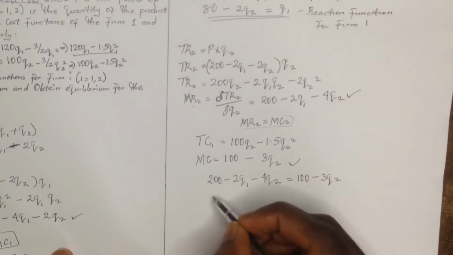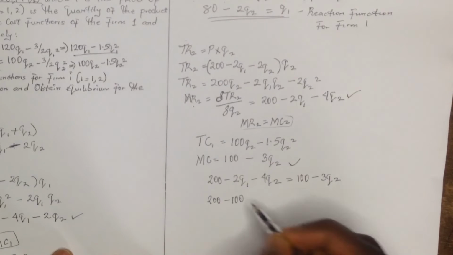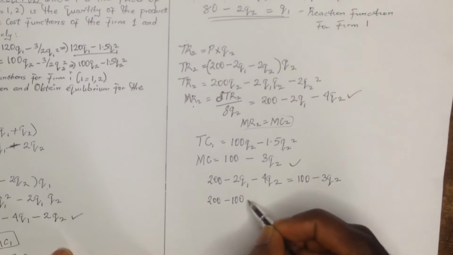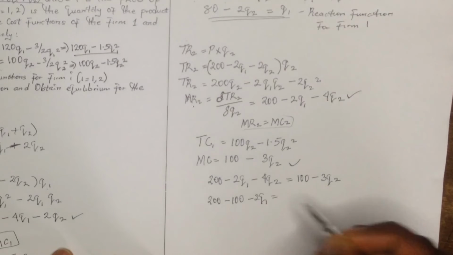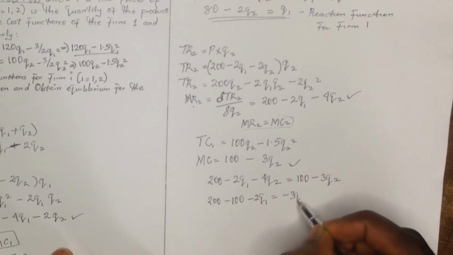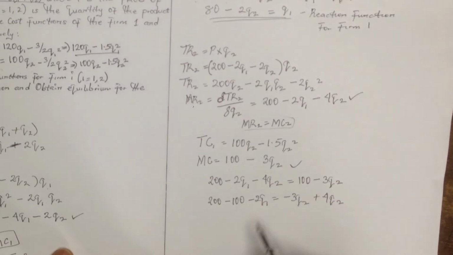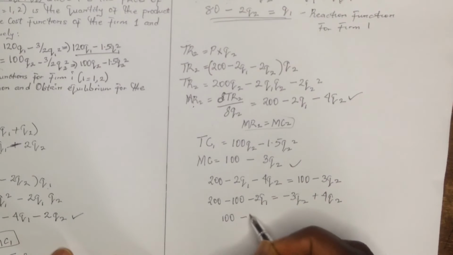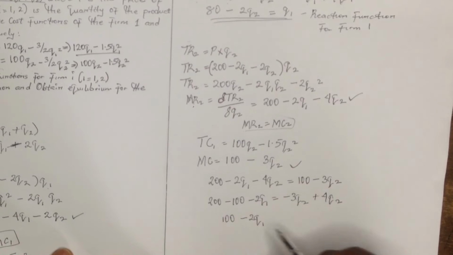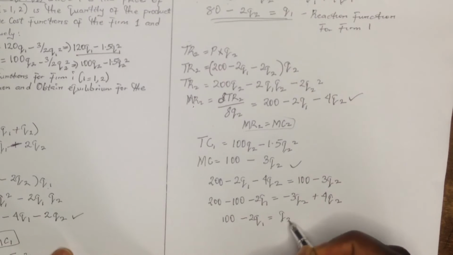We collect like terms: 200 minus 100 minus 2Q1 equals minus 3Q2 plus 4Q2. This becomes 100 minus 2Q1 equals Q2.